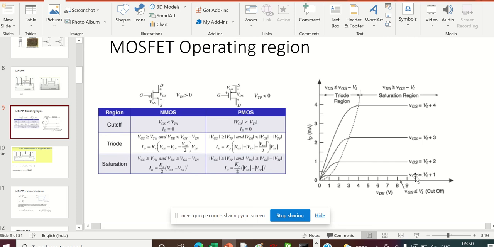So keep VGS at one value, change VDS, and see the current behavior. What you will get is this plot. Then again change VGS, keep it constant, then vary VDS, you will get this graph. Then again change VGS, keep it constant, and vary VDS, you will get this graph.